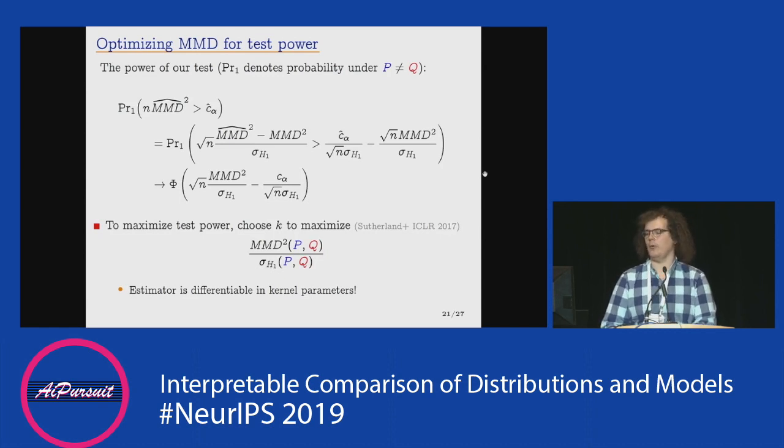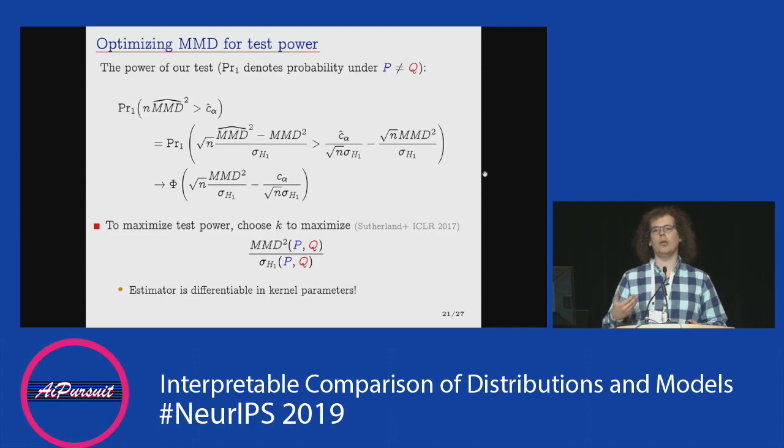Now, if we look at this for a minute, you might think, oh, to have a good test, I should just find a kernel so the MMD is large. And that's true. You absolutely want a large MMD between your distributions. But you also don't want the case where your MMD is large, but the variance of your estimator is also huge, right?